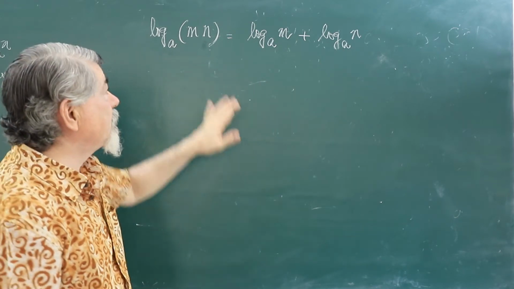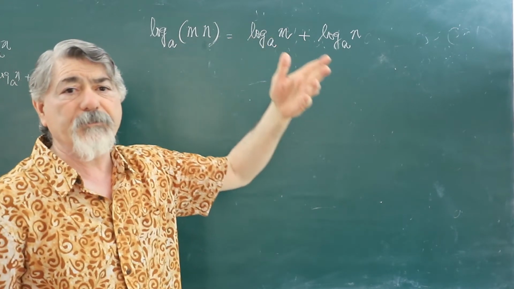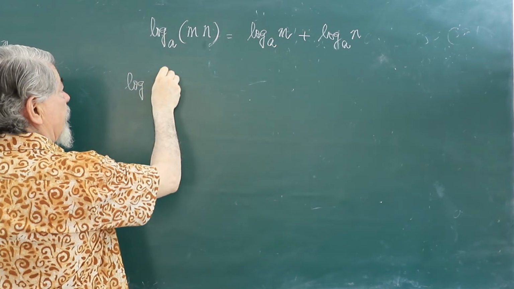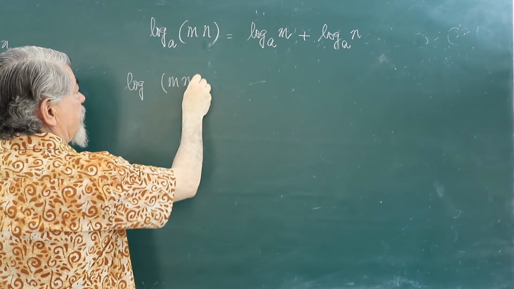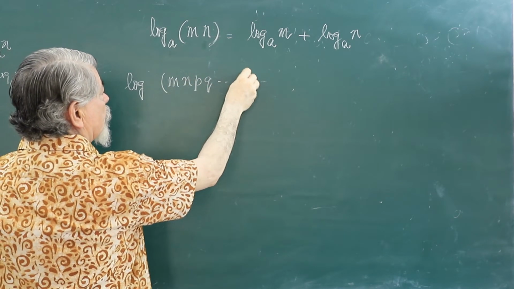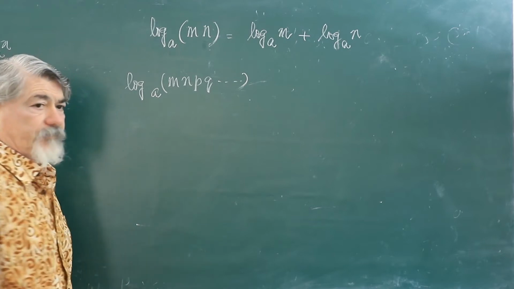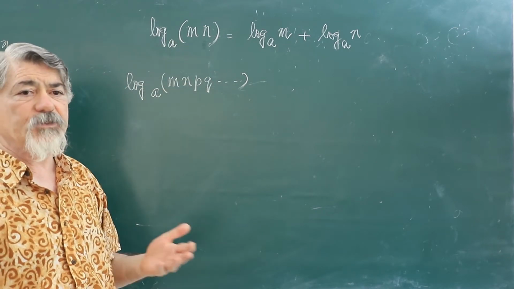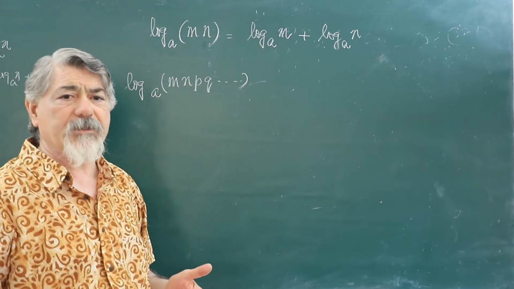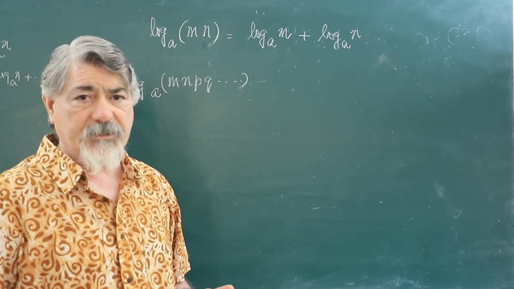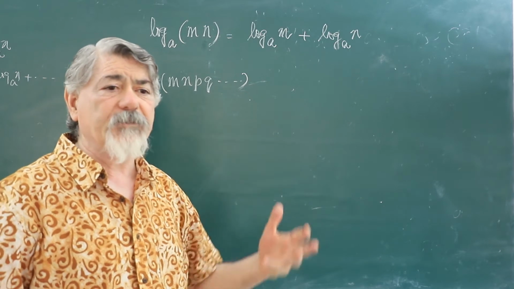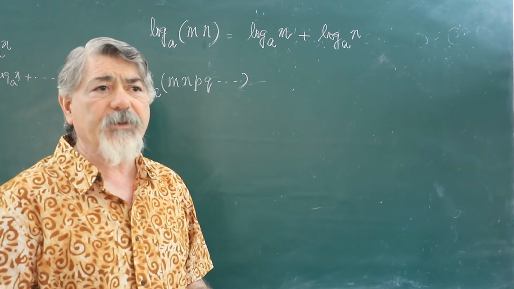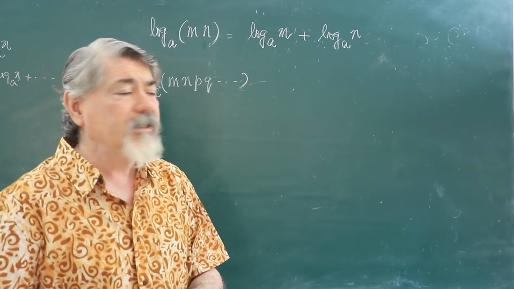And please understand, this is not only for two numbers, there could be multiple numbers, like log m, n, p, q and so on to the base a. It is not only applicable when two numbers are multiplied, there can be multiple numbers which are multiplied with each other. That is what I said, difficult processes, long multiplication, long divisions can be simplified into addition and subtraction.